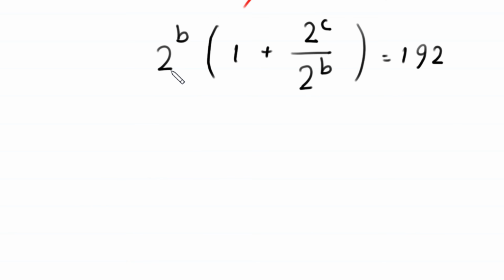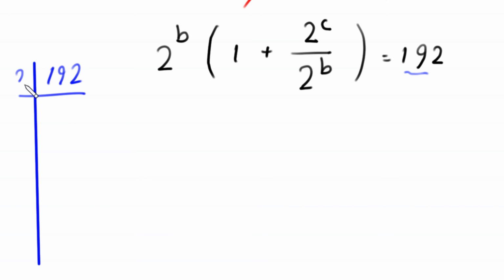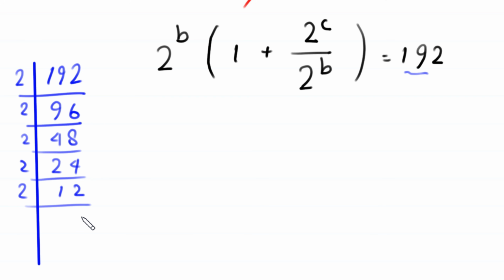Now we have two factors at the left hand side, so we factorize this 192. First we divide by 2: 2 96 times, 2 48 times, 2 24 times, 2 12 times, 2 6 times, 2 3 times.